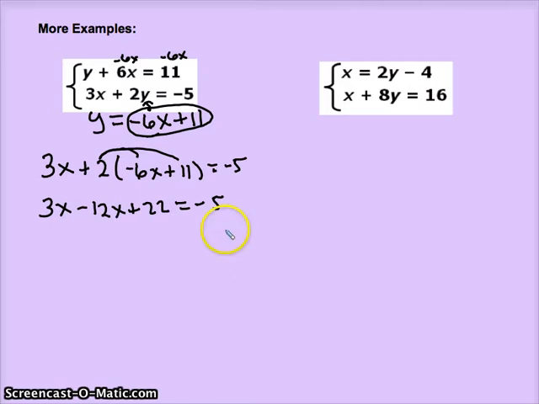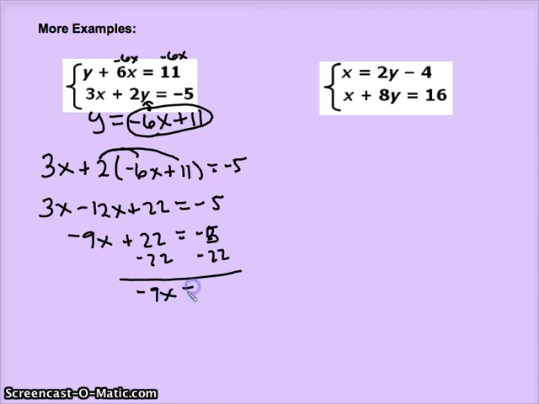This is all equal to negative 5. Now I simplify. 3x minus 12x, that's negative 9x, plus 22 equals negative 5. I subtract 22 from both sides. So negative 9x equals negative 27. And when I divide both sides by negative 9, I get x equals 3.